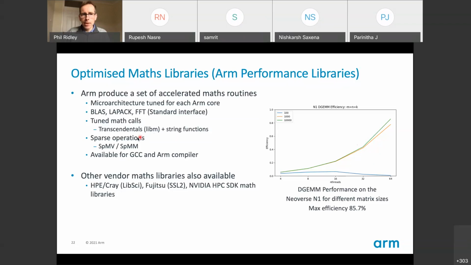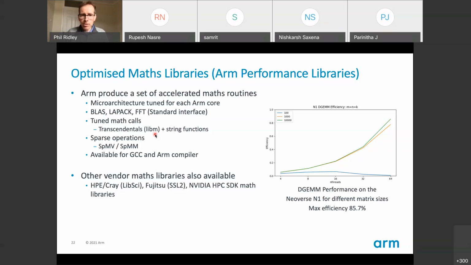Recently, we've added more support for sparse matrix vector and sparse matrix multiplications, and notably, these routines are available for both GCC and ARM compiler for Linux. So you don't have to have the ARM compiler to use these. You can build your own GCC and link these libraries against it just the same. As well as the ARM performance libraries, there are vendor-provided maths libraries also available.